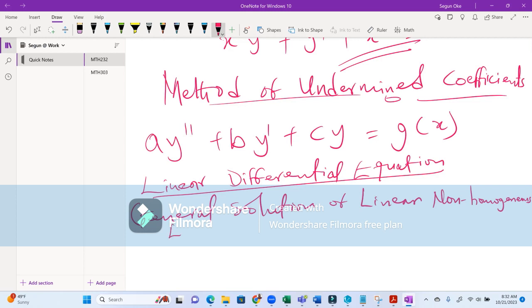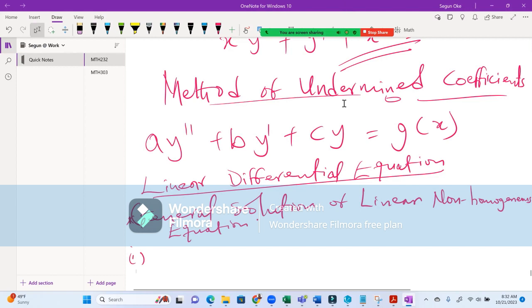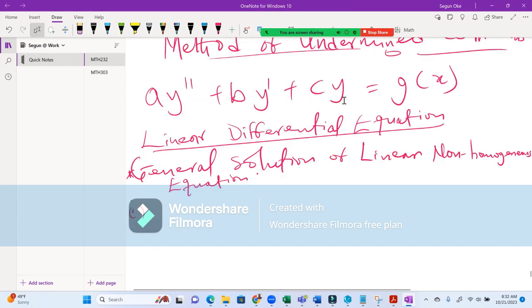Linear non-homogeneous equation. So now that you have this, under these is where you now have two topics, and those two topics are key topics that you will always have in your paper.